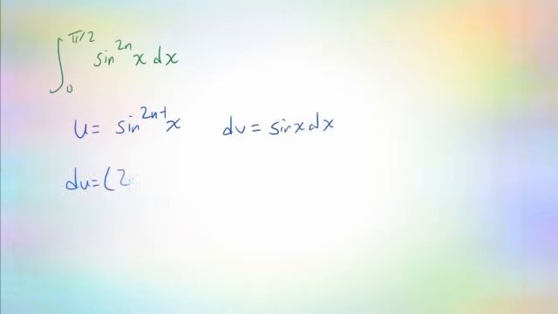Differentiating this, we get 2n minus 1 times sine of x to the 2n minus 2 times cosine of x dx, and anti-differentiating sine of x gets us negative cosine of x.